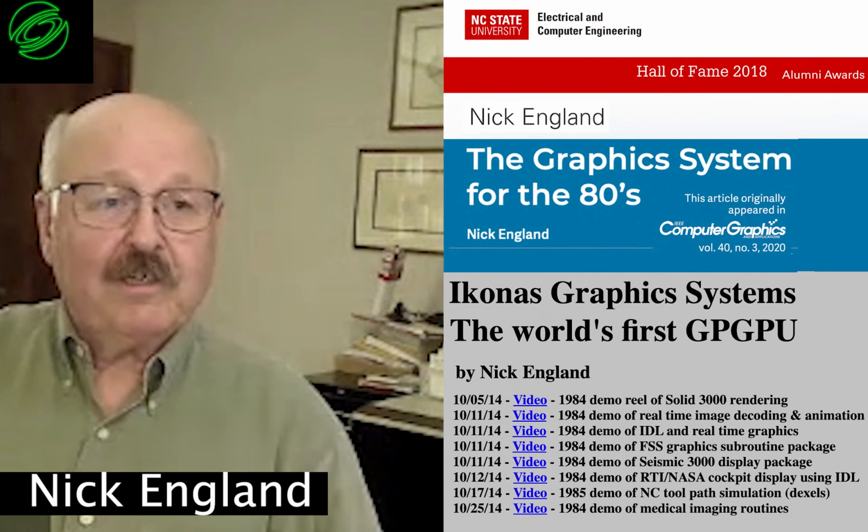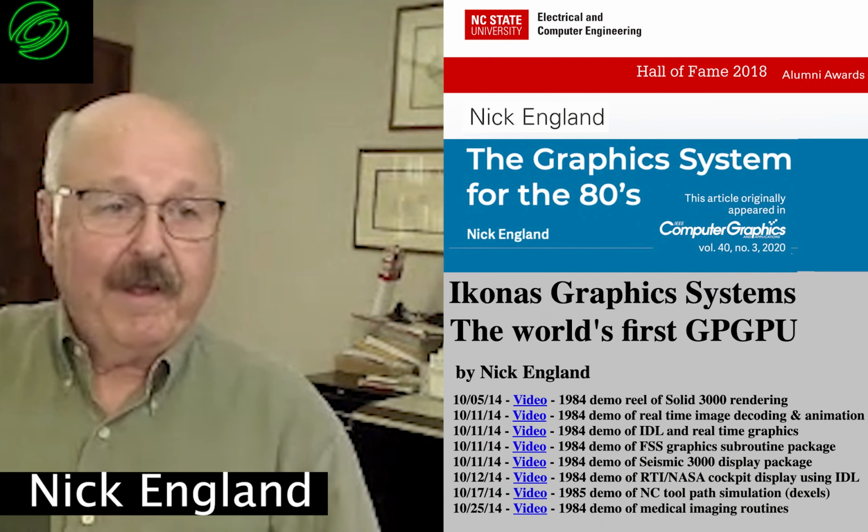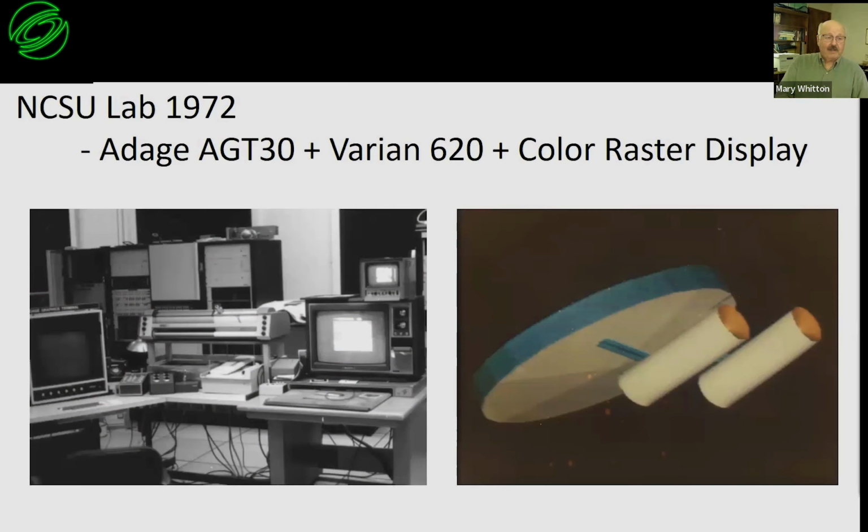So my first programmable graphics processor was using something called an Adage AGT30 in the lab at North Carolina State. It's those 4 racks that are in the background of this photo. It drove a vector display, a 3D vector display, and the guys in the lab also built a color raster display. So this was sort of our state of the art in 1972, a fully functional computer which had an integrated 3D display and an auxiliary processor, a minicomputer that drove a color raster display.